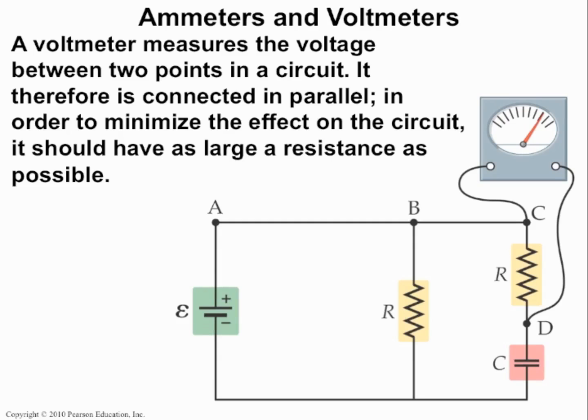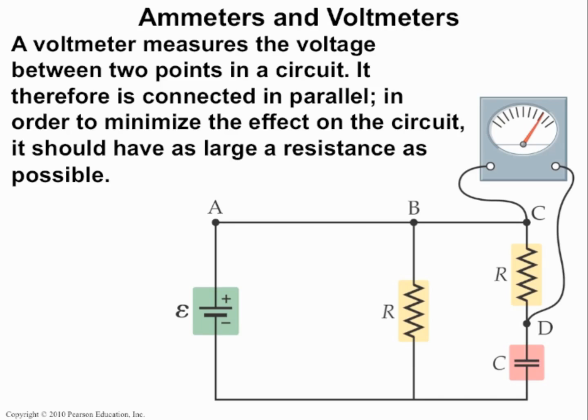So let's say we wanted to measure the voltage drop from point C to point D. We have our power source, we have our circuit, but there is going to be a voltage drop as the current produced by the battery moves through the resistor R that's between point C and D. Since the voltage is always the same in parallel elements, we have to connect the voltmeter in parallel.